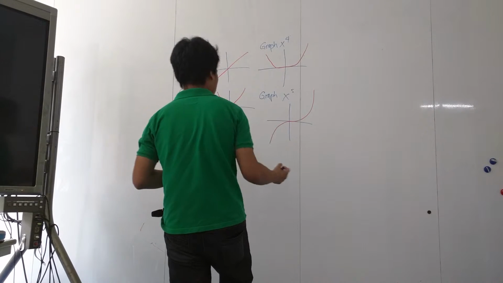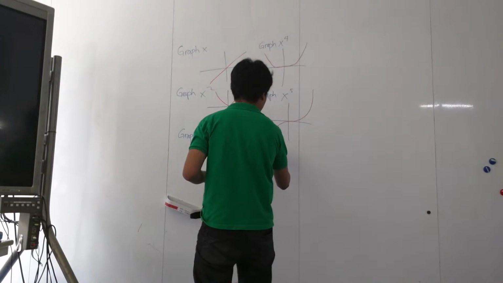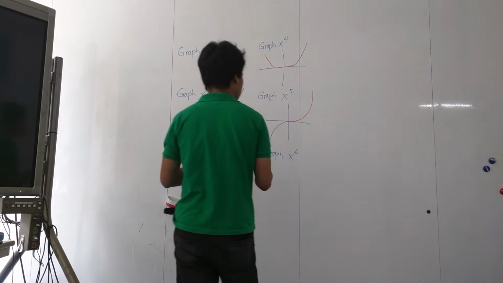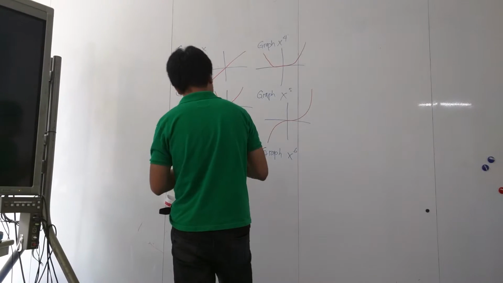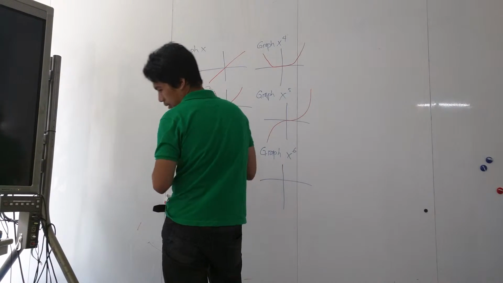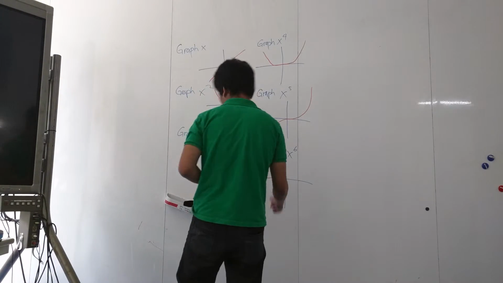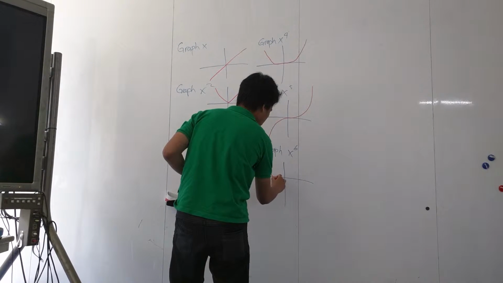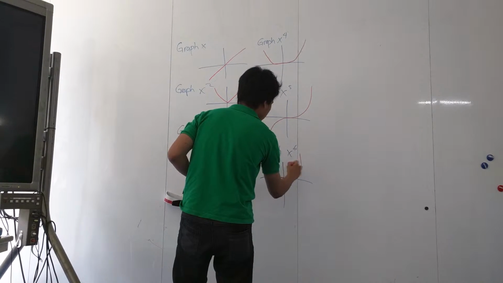And we have the graph of x to the power of 6. So it must be like this. It's actually like a square.